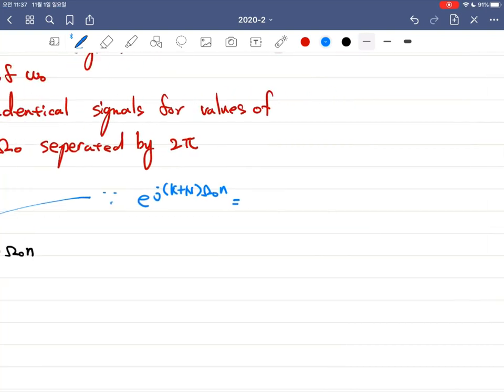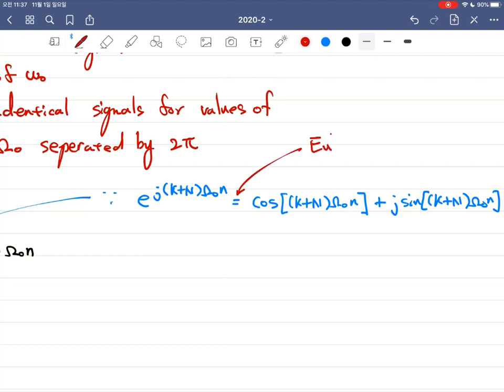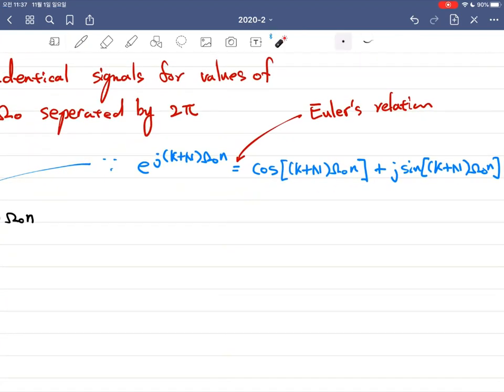So this becomes cosine of (k plus N) times omega 0 times n, plus j sine of the same thing. Remember that this was Euler's relation, right? You can look into any book and find this relationship.